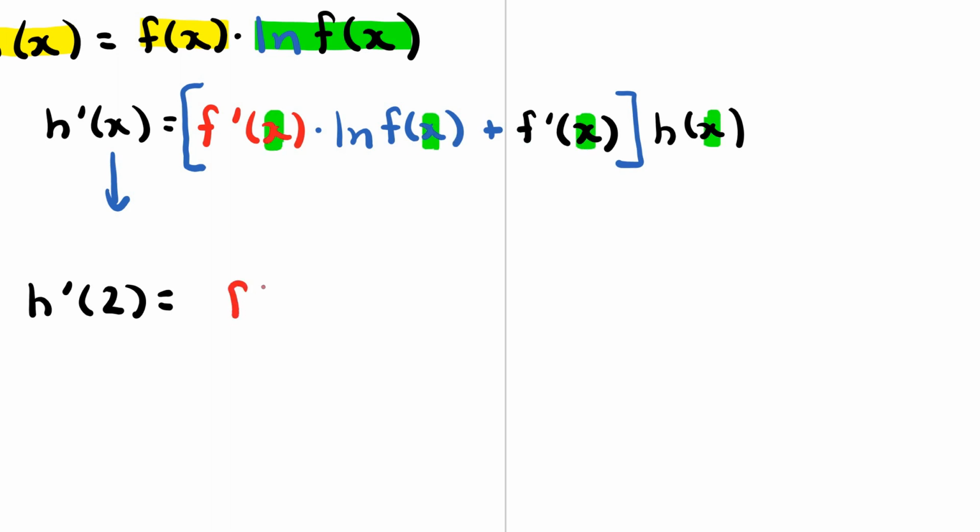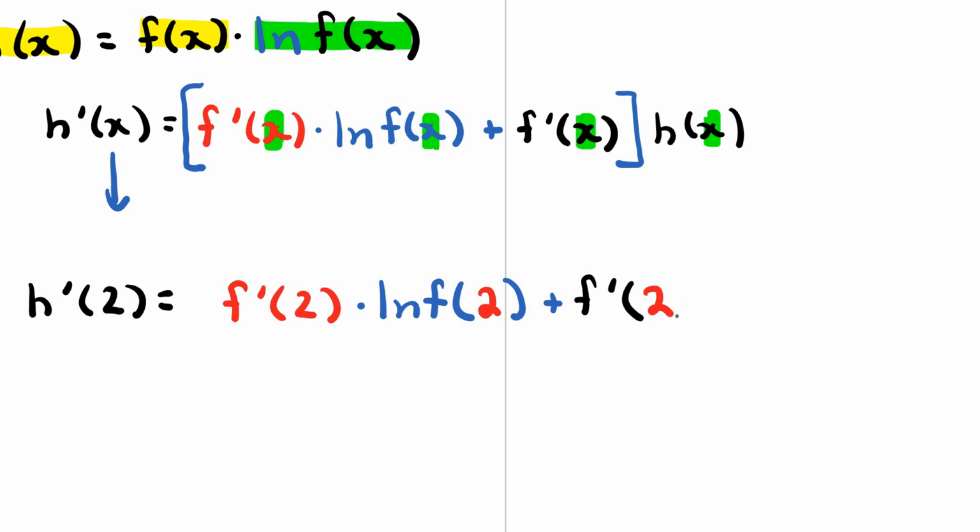So this will be f prime of 2 times ln of f of 2 plus f prime of 2, and then times h of 2.